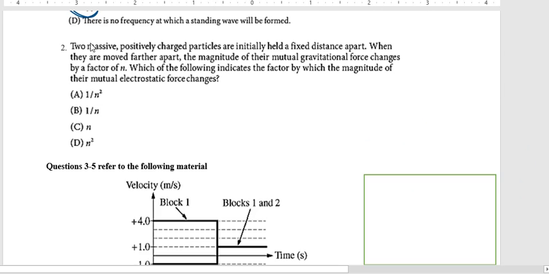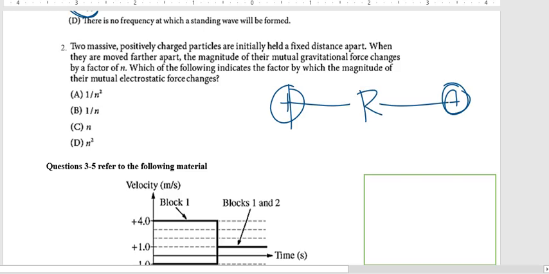Okay, this one's kind of a trick question. Two massive, positively charged particles, so I'm going to draw as I go. Particle means round. They both have mass and are initially held a fixed distance apart, usually called distance r. When they are moved further apart, the magnitude of their mutual gravitational force changes by a factor of n.